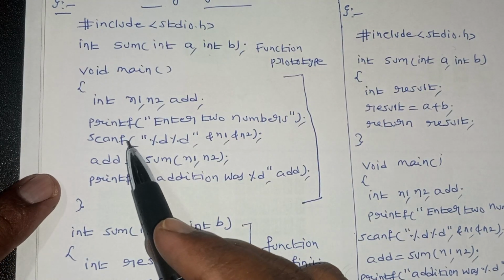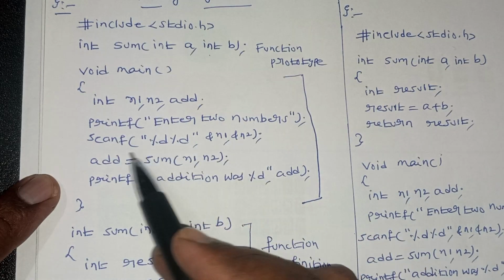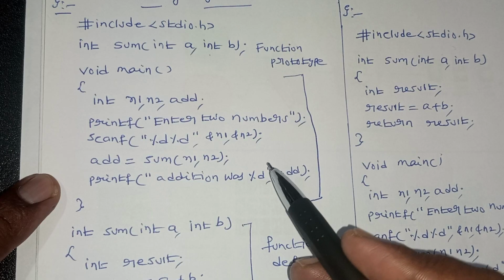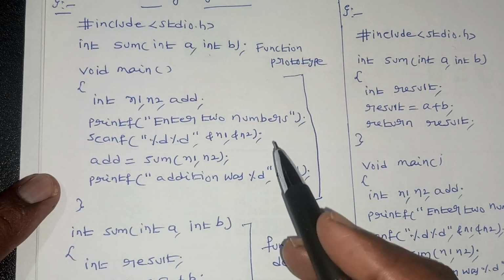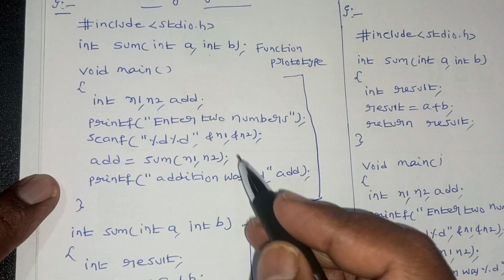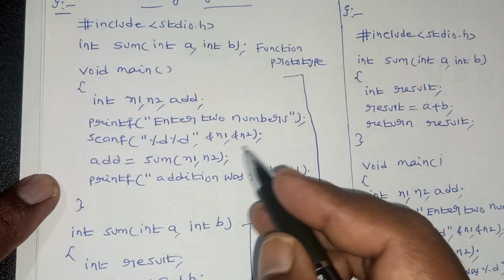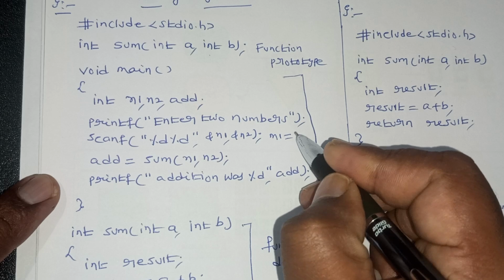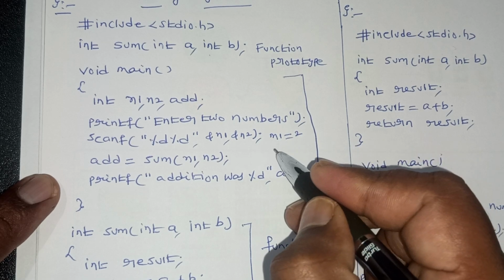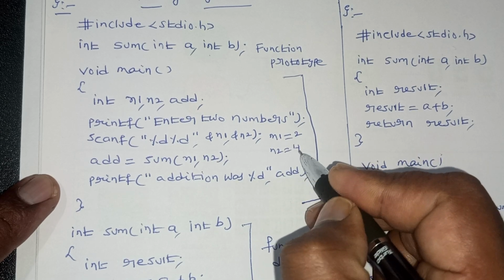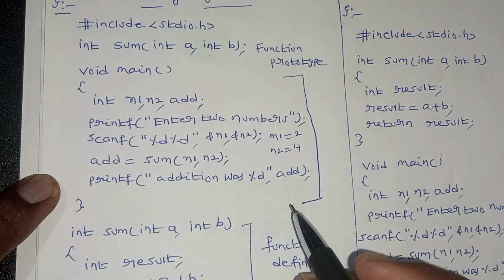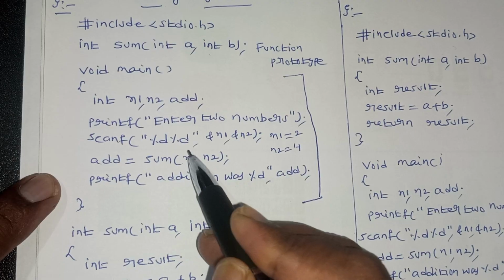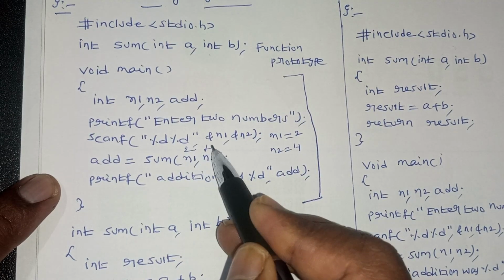Now I am taking two numbers using enter two numbers, so I am taking n1 and n2 dynamically, meaning at runtime. In the previous video I already told, for example, I am taking n1 equal to 2 and n2 equal to 4.